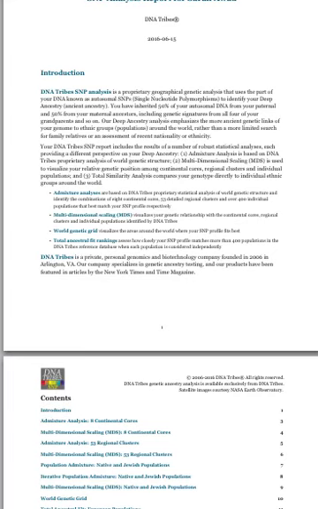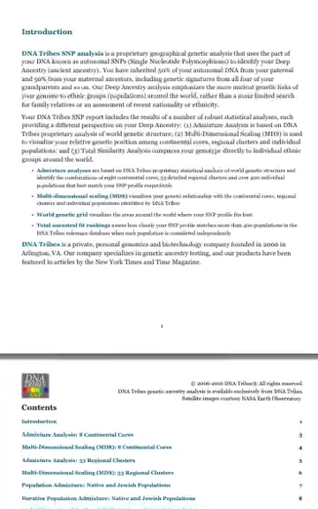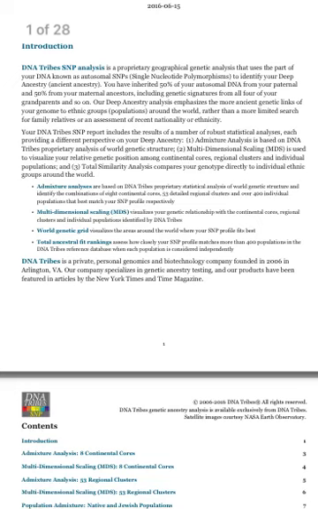As you can see, it says here it's a proprietary geographical genetic analysis that uses the part of your DNA known as autosomal SNPs to identify your deep ancestry, your ancient ancestry. You have inherited 50% of your autosomal DNA from your paternal and 50% from your maternal ancestors.